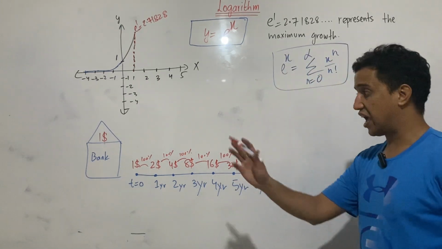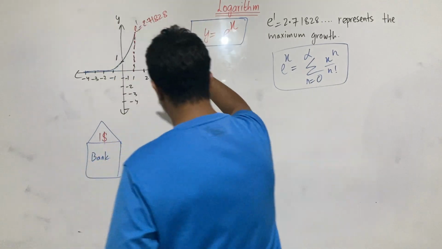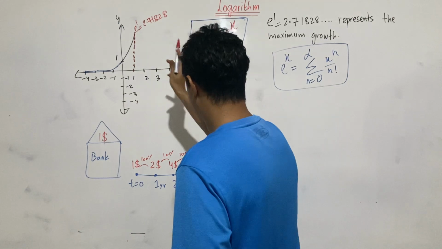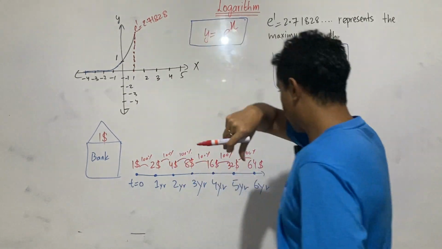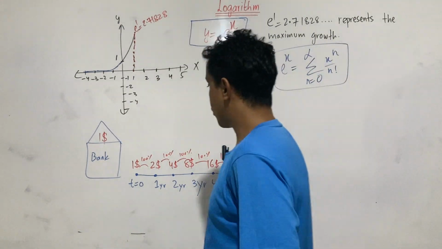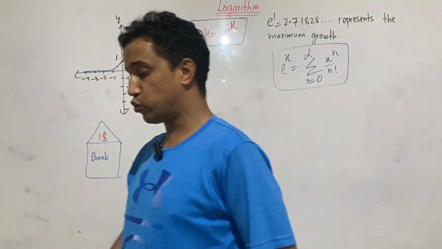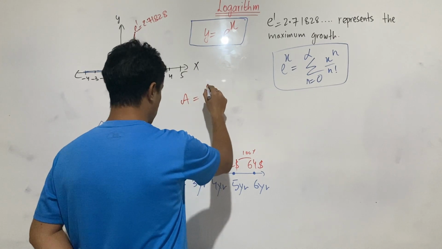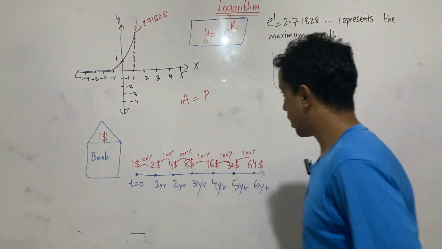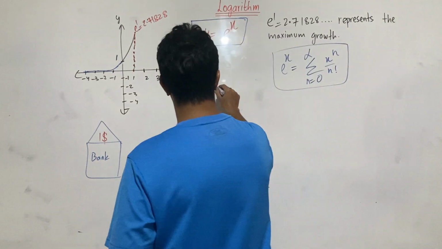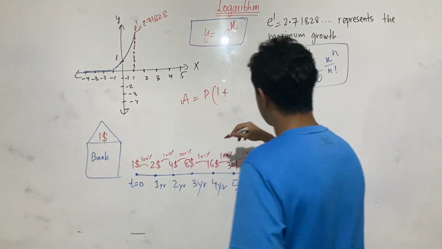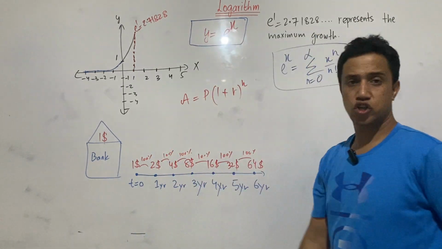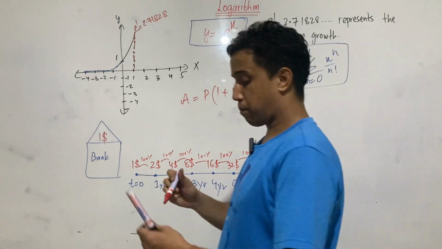And as we know, the formula for calculating compound interest would be principal amount, 1 plus r, to the power n.